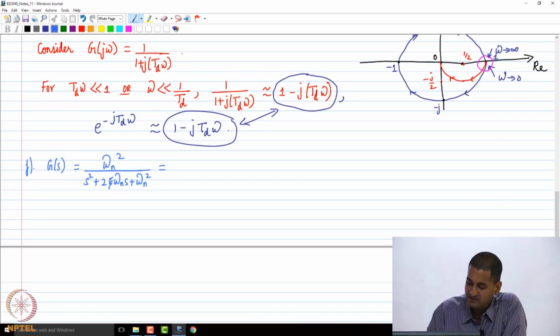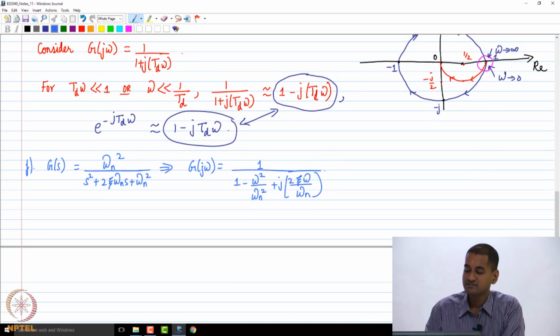We have already done this when we did the Bode plot. So G of j omega is going to be 1 divided by 1 minus omega squared by omega n squared plus j times 2 zeta omega by omega n. This is something which we already know.